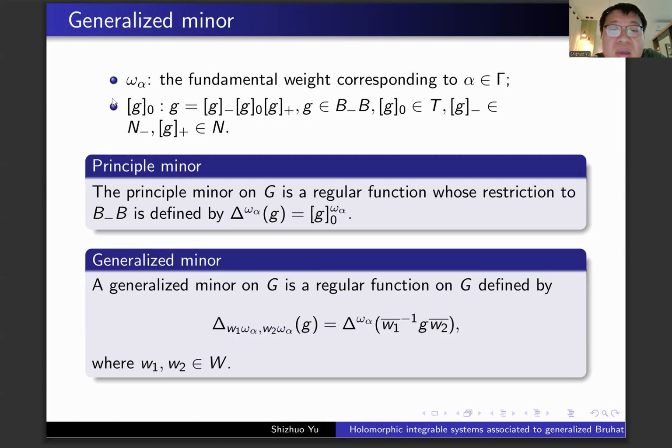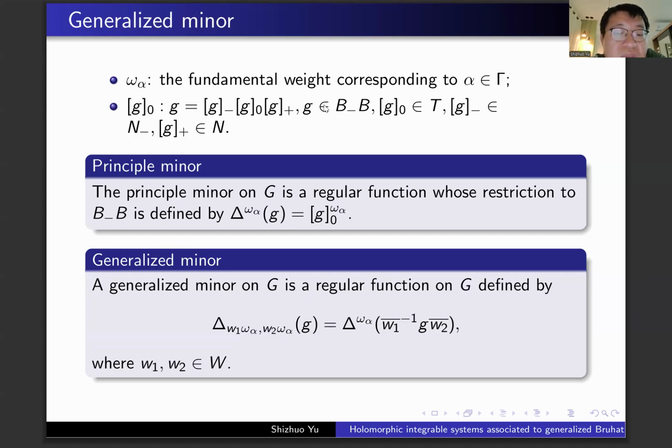Once we have our Gauss decomposition, B minus B, for an arbitrary fundamental weight, we can define the principal minors in this way. The principal minors are just regular functions, whose restriction to the big cell is defined by the map from the element g to the torus part T, in this way.